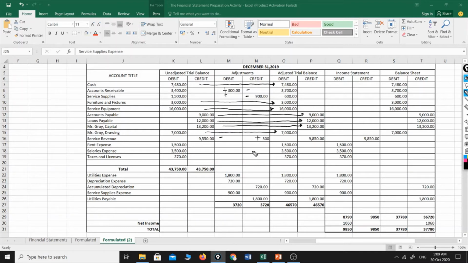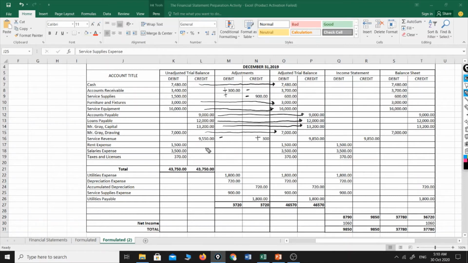That's why if there is an additional credit, it should be an increase. Unlike with our service supplies, where the credit is a deduction because the normal balance of service supplies, which is an asset account, is debit. Since it is not on its normal balance, it means a deduction.